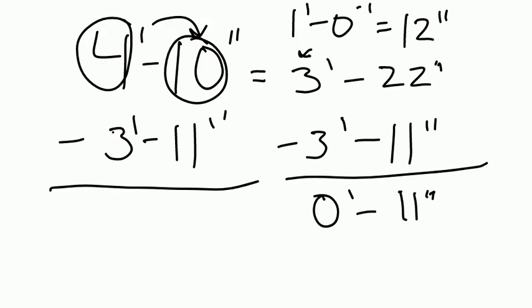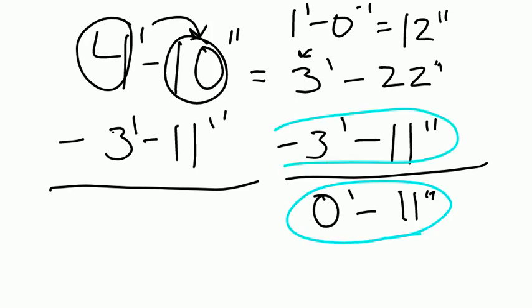Now we can always go back and double check our work. If we add the answer that we got to the piece that we cut off, then we should end up with our original piece.